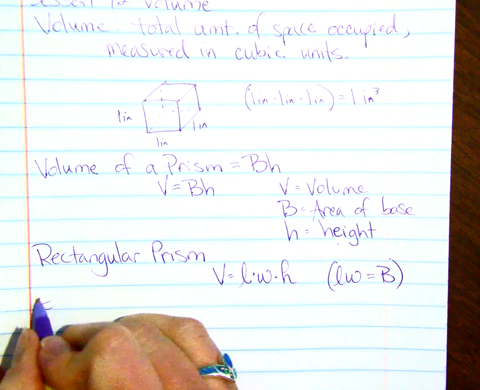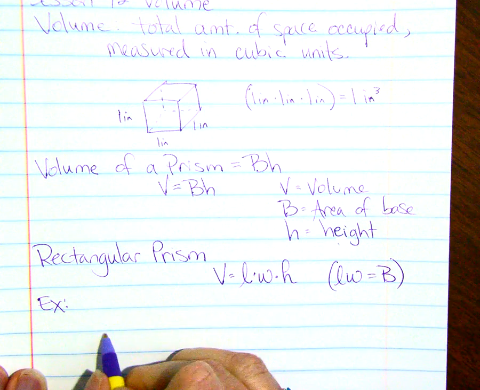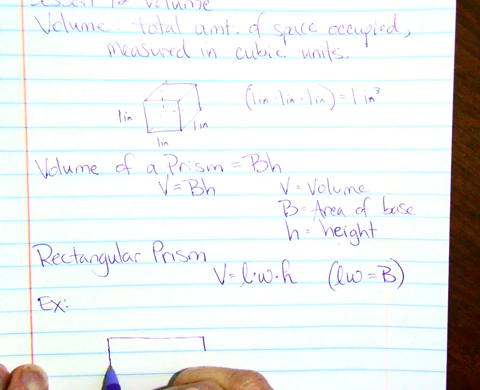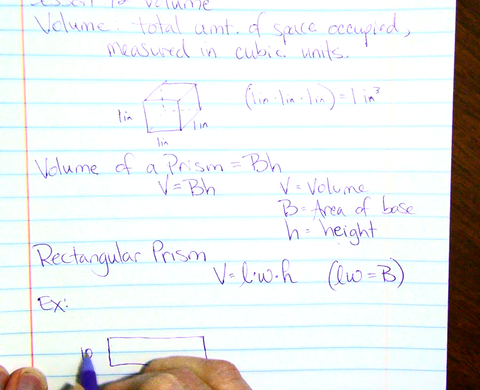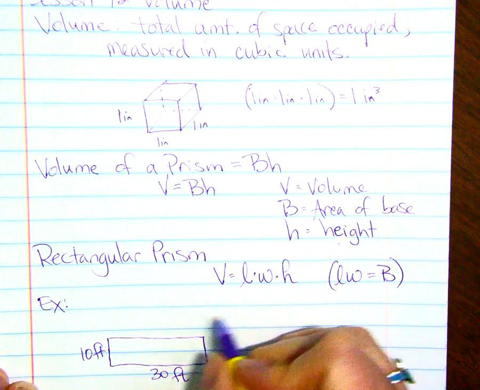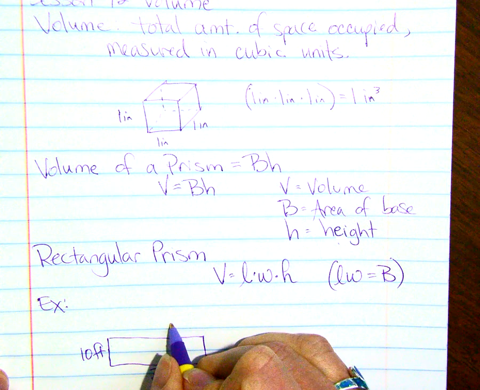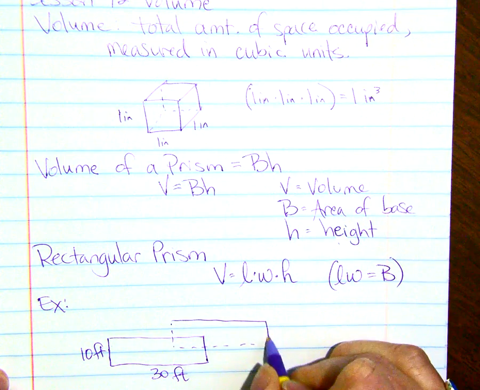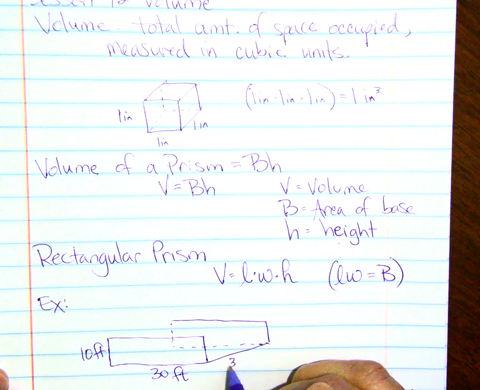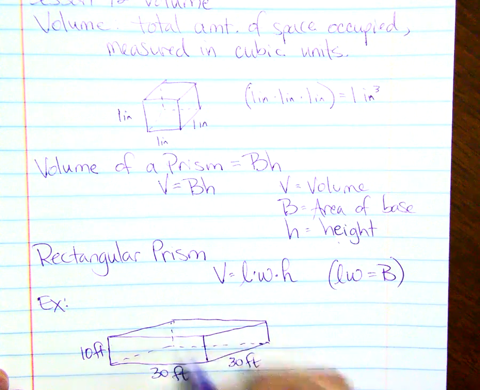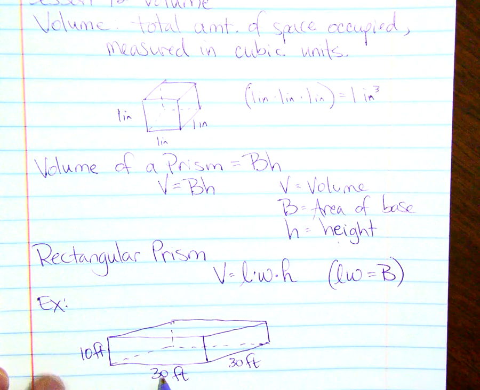So here's an example. If we have a rectangular prism, 10 feet, 30 feet, and it's 30 feet back, if we wanted to find the volume, all we have to do is do the area of the base.